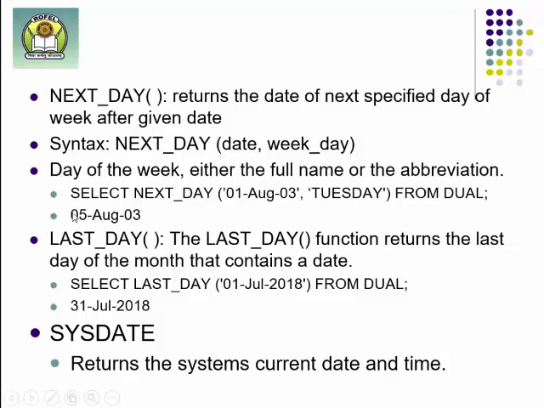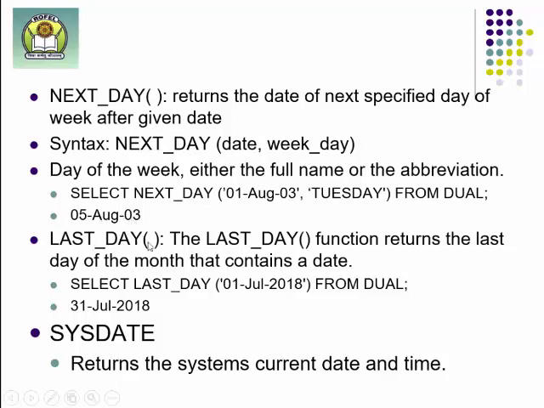Say for example, select next_day 1st of August 2003, Tuesday. This query means what will be the date on this Tuesday, starting from 1st of August. So it will return 5th of August 2003.